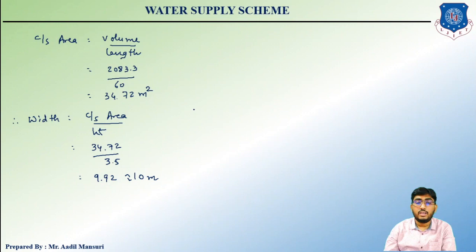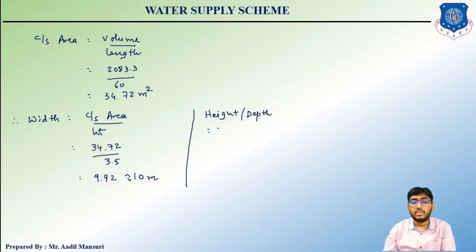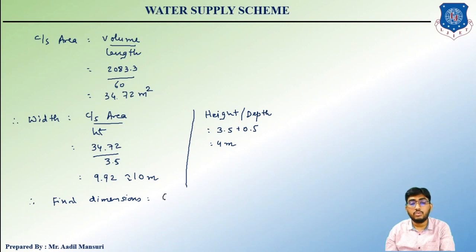And finally, height or depth will be equal to 3.5 plus 0.5, that is equal to 4 meter. Therefore, final dimensions will be equal to 60 by 10 by 4, right?